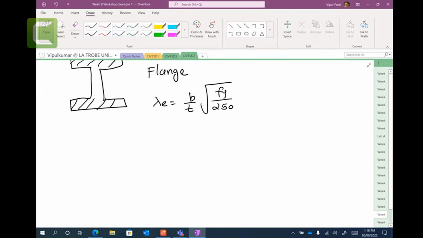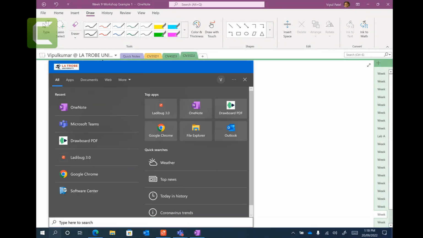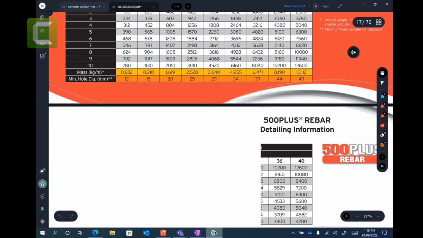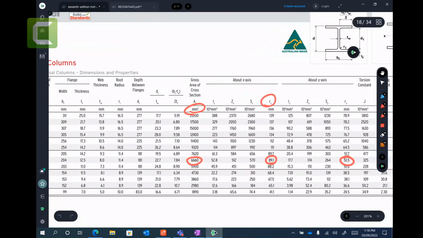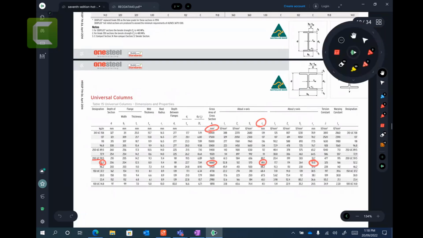Now, how do we get the thickness? The thickness of the flange we can get from the OneSteel tables. What was the cross section? Can someone tell me, what is the beam size?